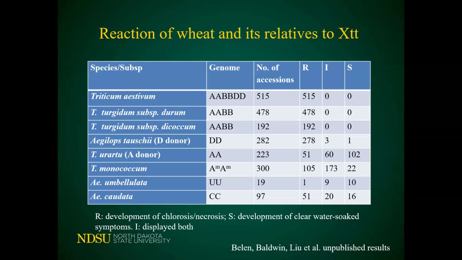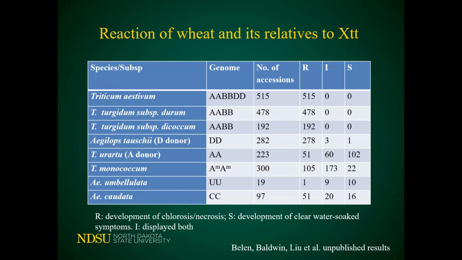They are called homeologous chromosomes. The durum wheat is usually called AABB, and the D genome is DD. Urartu is an A genome donor for the common wheat, and monococcum is another A genome species. Ambulata has a UU genome, and caudata has a CC genome.